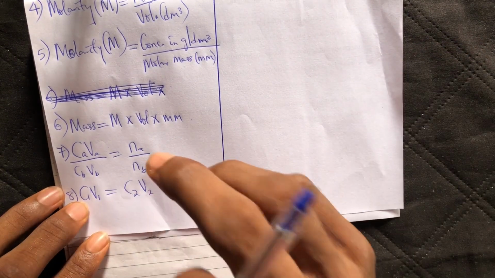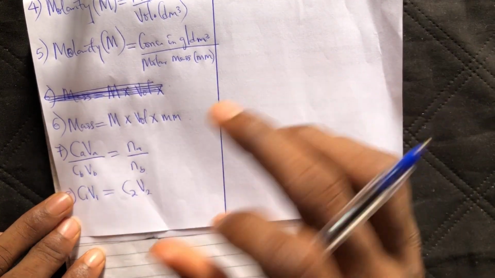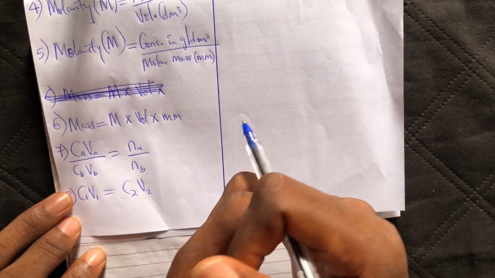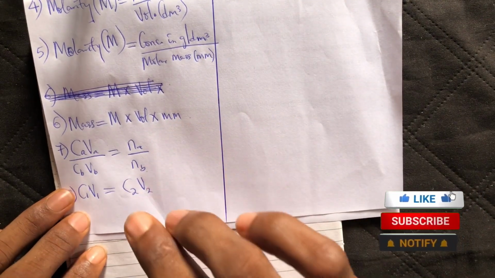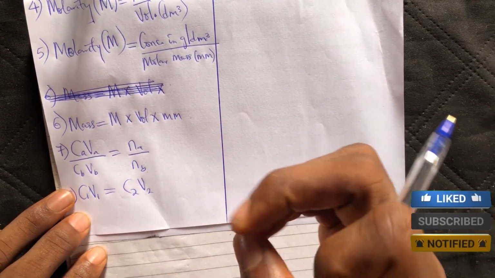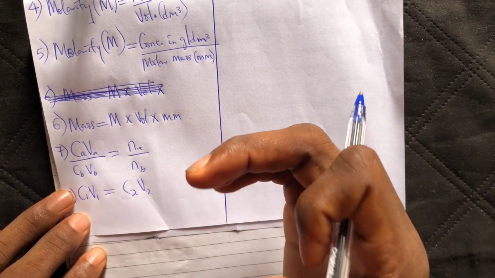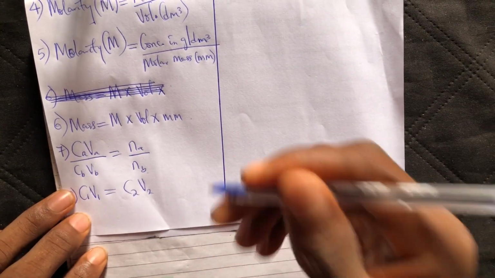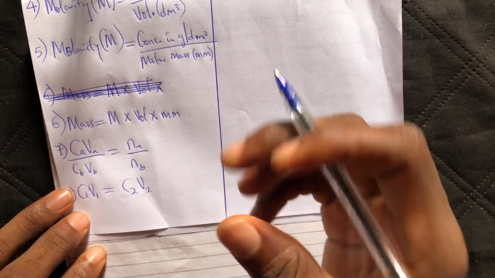As we move on, I want you to pay close attention to the solvings and all that you are going to do in this video. By the time we are done, you must have been able to get all these formulas into your memory and know how to apply them when solving questions in your JAMB examination. All right, so let's move on.